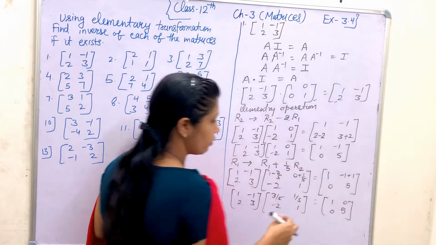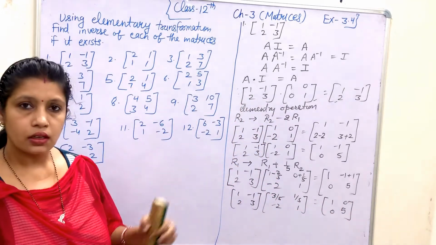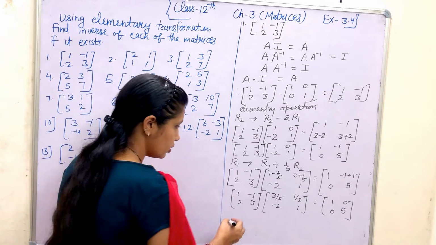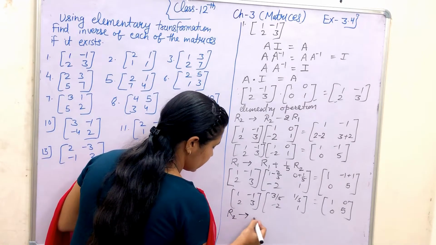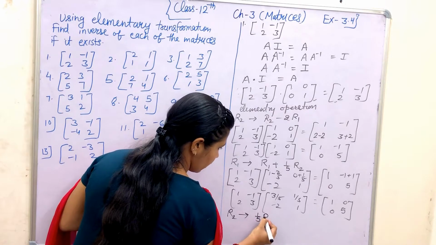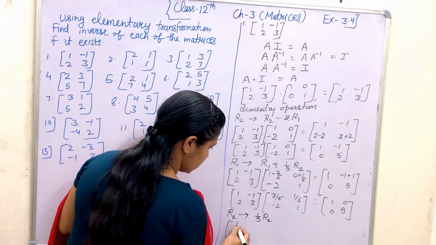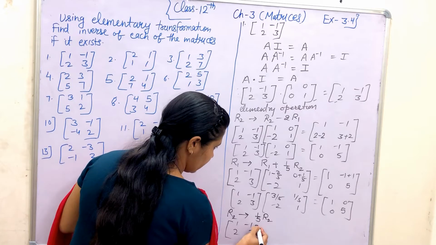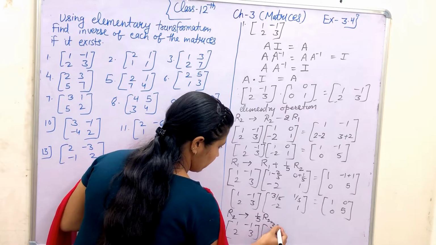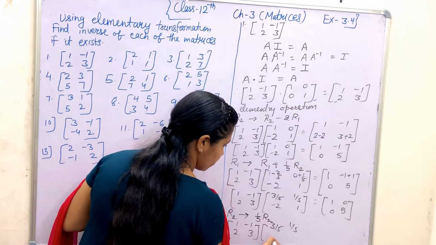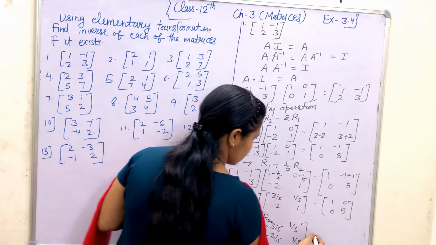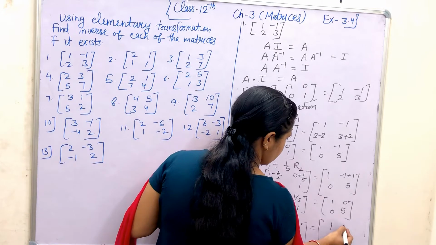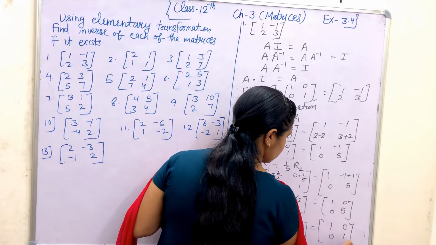Now we have to make our A22 as one element. So we apply here R2, change R2 by 1 by 5 R2. 1, 2 minus 1, 3. 3 by 5, 1 by 5, minus 2 by 5 and 1 by 5. Here is 1, 0, 0, 1.